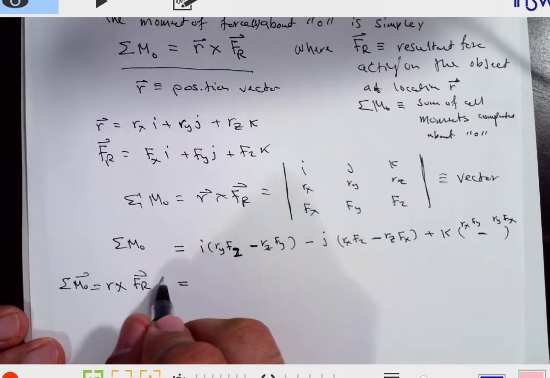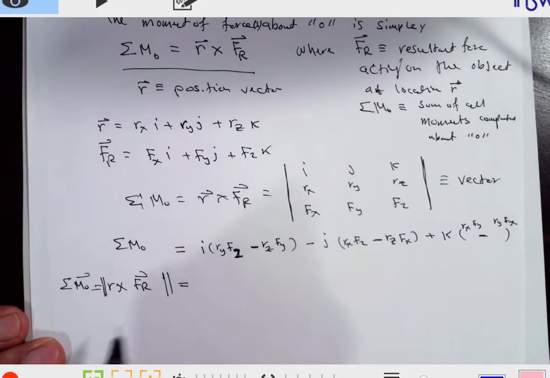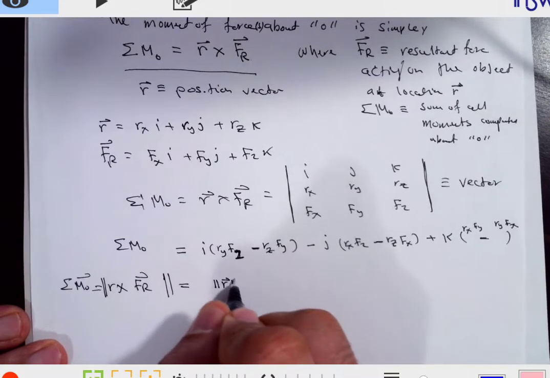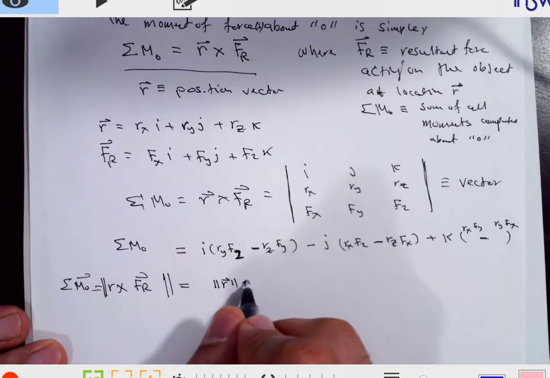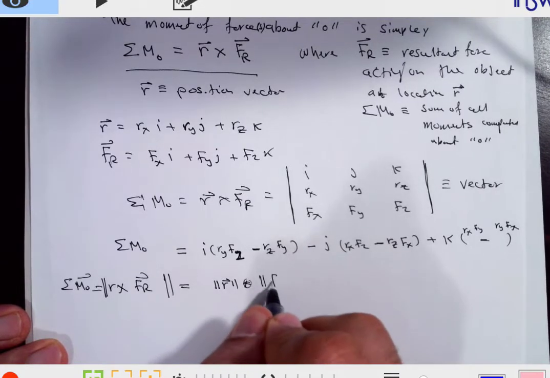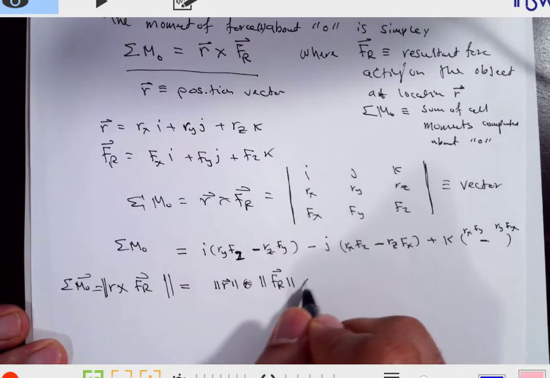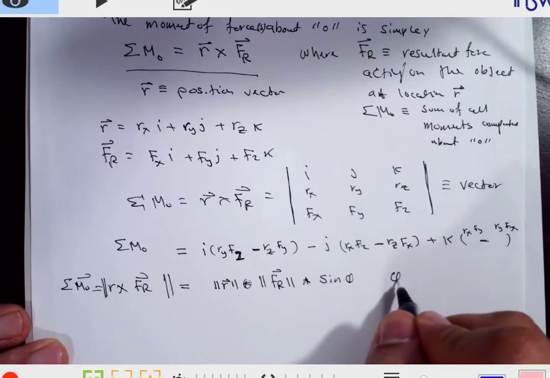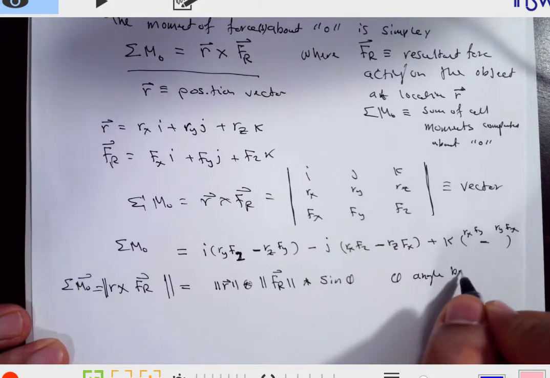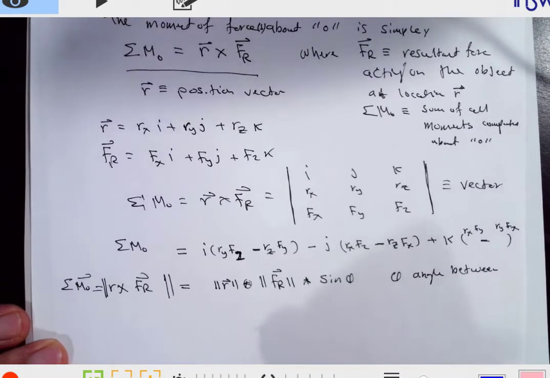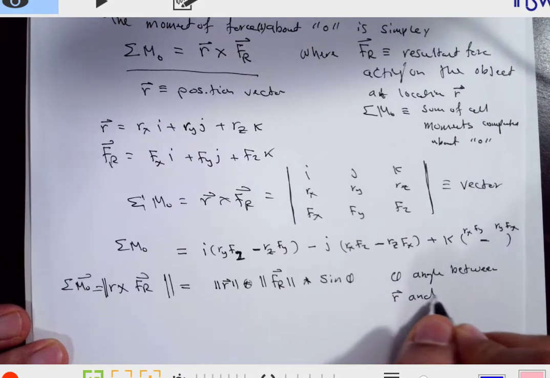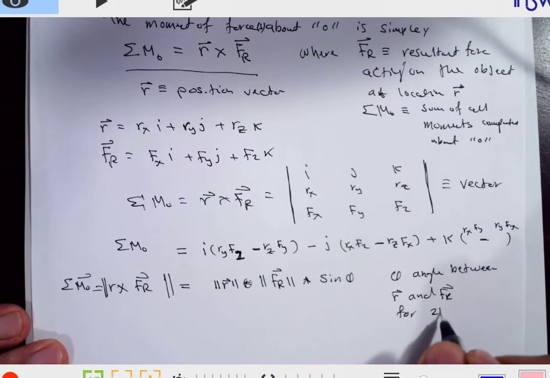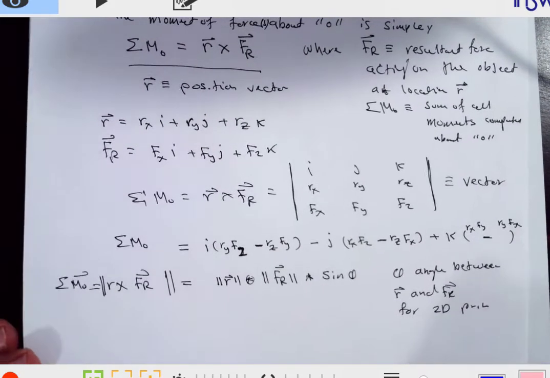The magnitude of this, which we also call the norm, is equal to the magnitude of vector R multiplied, this is simple multiplication, by the magnitude of Fr multiplied by the sine of the angle between them. So theta is the angle between the R vector and the Fr vector. This is good to go for 2D problems, right?